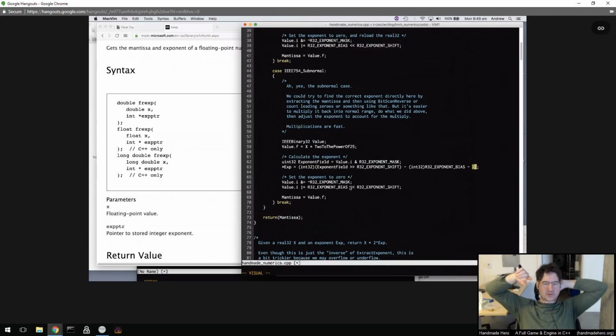Subnormal numbers, I have one question. Tricky case. Yeah, sorry. I have one question about that, actually. Assuming that a number is subnormal, its binary pattern in the mantissa is an implicit 0, then the binary point, and then some number of zeros, and then the actual 1-0 pattern.